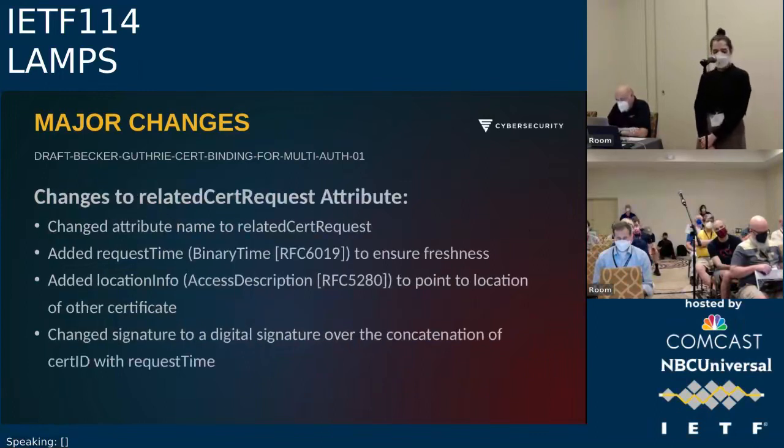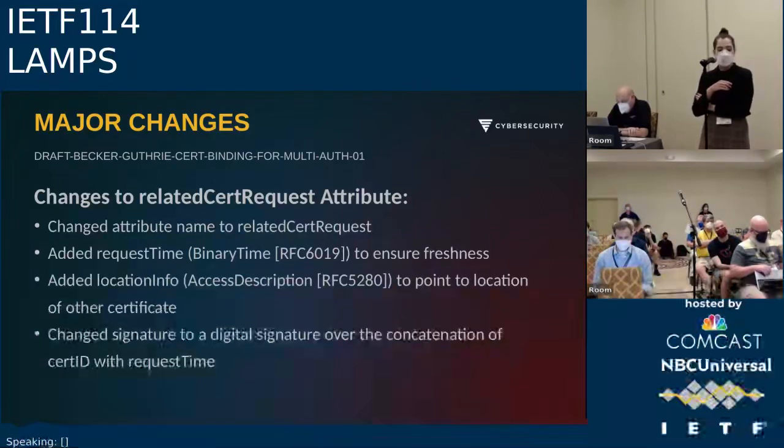And so this is probably where we got most feedback. And I think we made a significant number of changes here. So we changed the name of the attribute, and we added a couple values in as well. So we added request time, which is binary time specified in RFC 6019. And this is to ensure freshness of the attribute. We added in location info, which is just access description from 5280. And this just lets you point to the location of the already issued certificate.